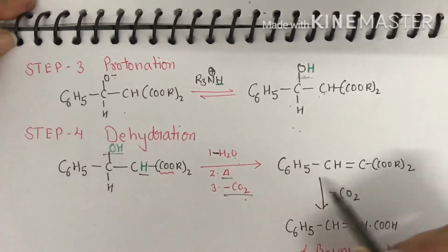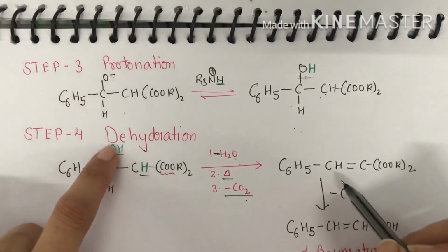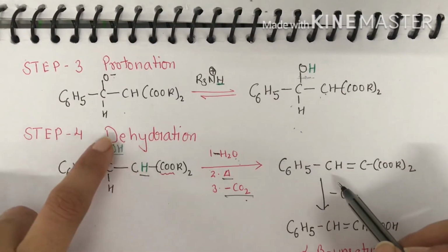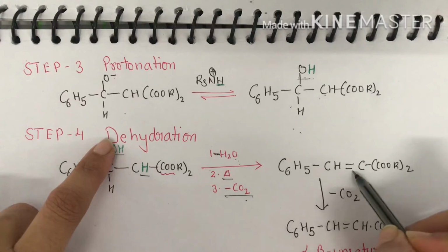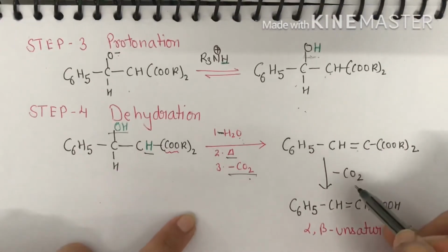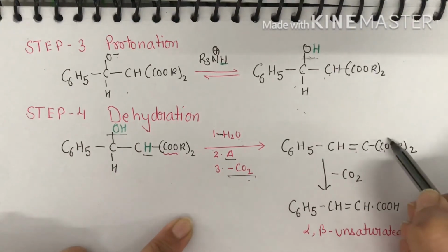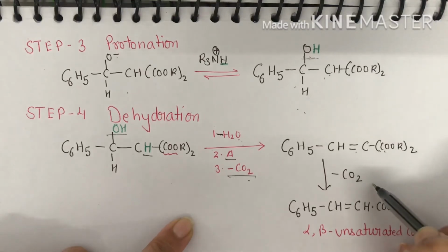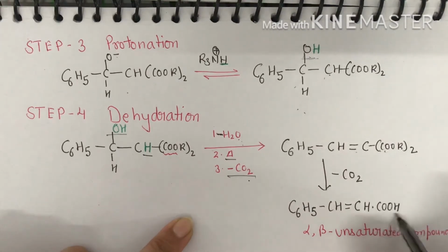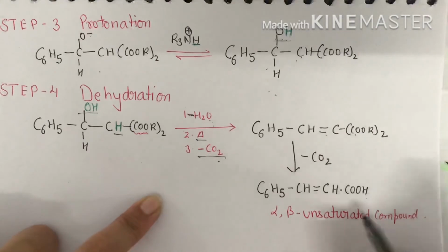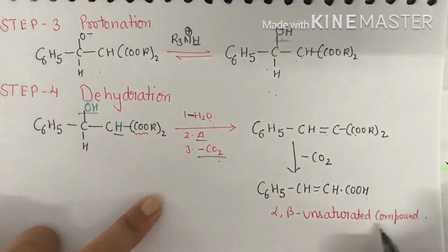Then what will happen? By removing the water molecule, H and OH negative ions, this double bond is formed. In the next step, elimination of CO2. This CO2 will eliminate, and COOH group is formed. Our desired product, alpha beta unsaturated compound.